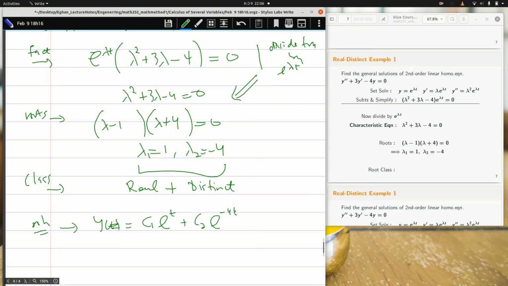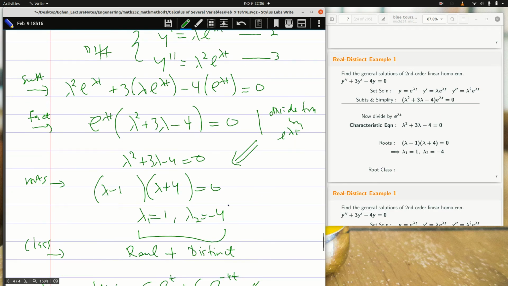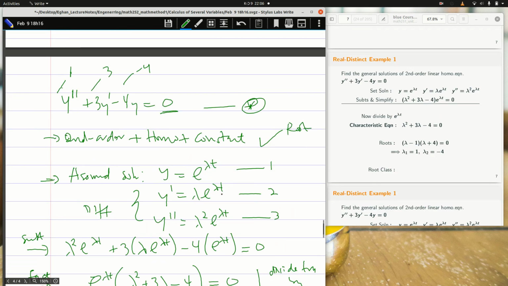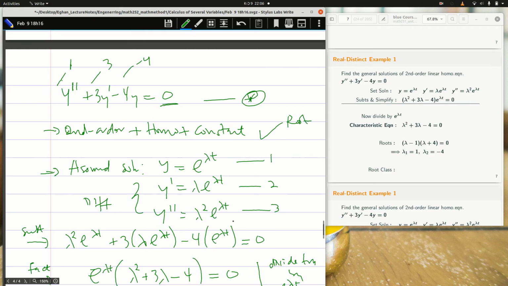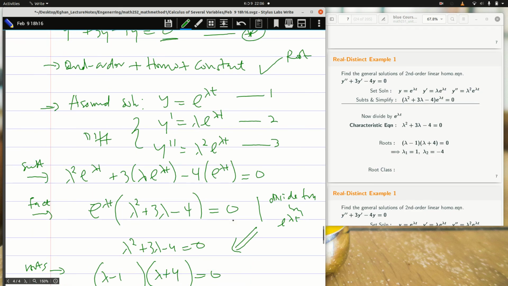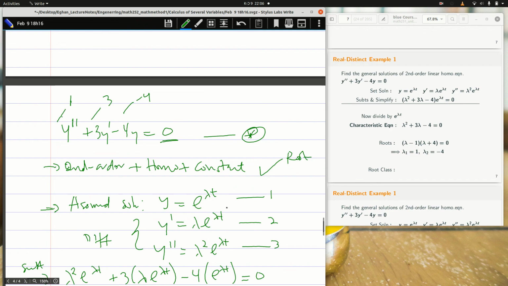This is my final solution. And so this is how we solve higher order homogeneous equations with constant coefficients. This example was on real and distinct roots. In the next videos, I'll take examples on repeated and complex roots.